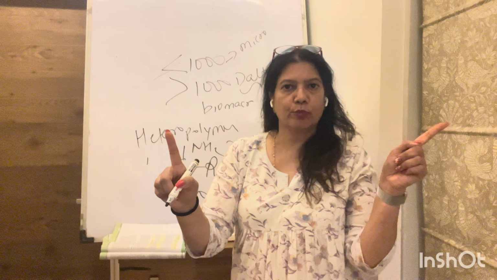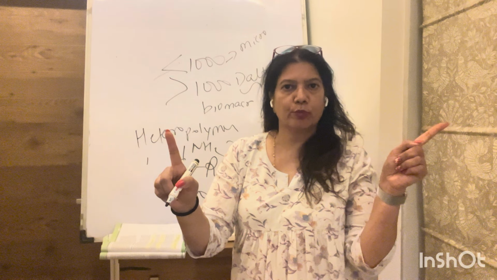If I start describing the structure of an amino acid, it has H2N, I'm writing it the other way around, NH2. The amino group is the NH2 group. R is just an alkyl or aryl group, whatever. COOH is the carboxylic group or acidic group. This is called an amino acid.